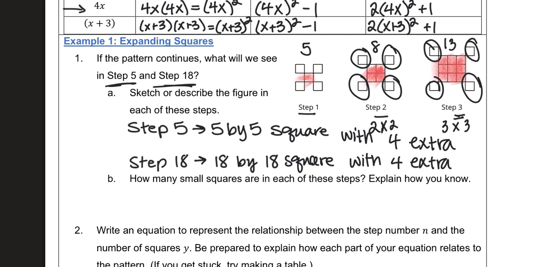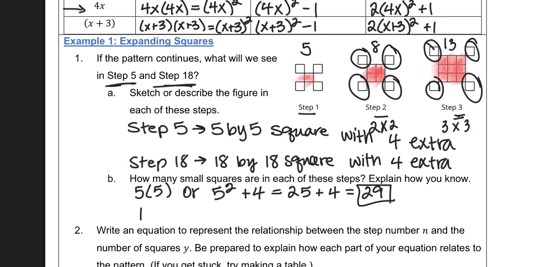Okay, and then how many small squares would we have in each step? Well, if we have a 5 by 5 square, that means we have 5 times 5, or 5 squared, plus those 4 extra. So 5 squared gives us 25, plus 4 gives us 29 total squares.